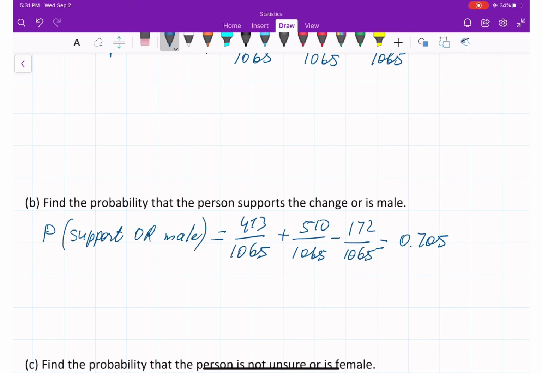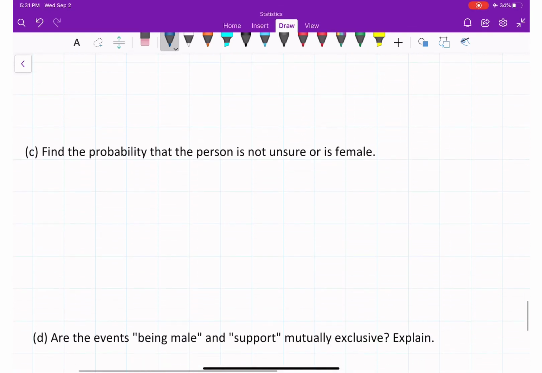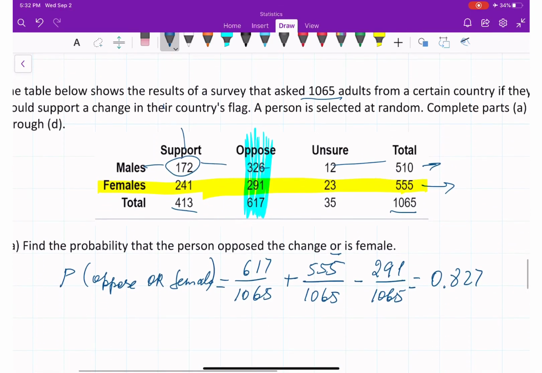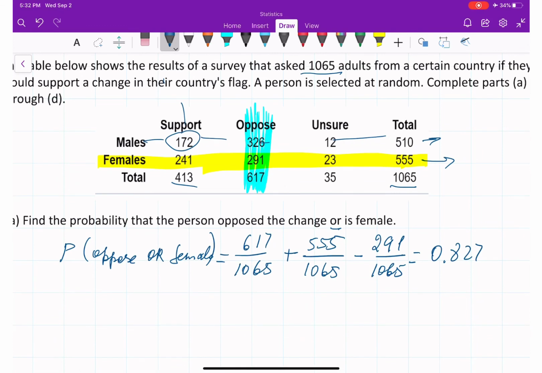Okay, moving to C. Find the probability that person is not unsure or is female. Okay, what means is not unsure? Where is our unsure? Here. If it says is not unsure, that means complement. Complement of unsure is going to be support and oppose, right? So there are two ways.